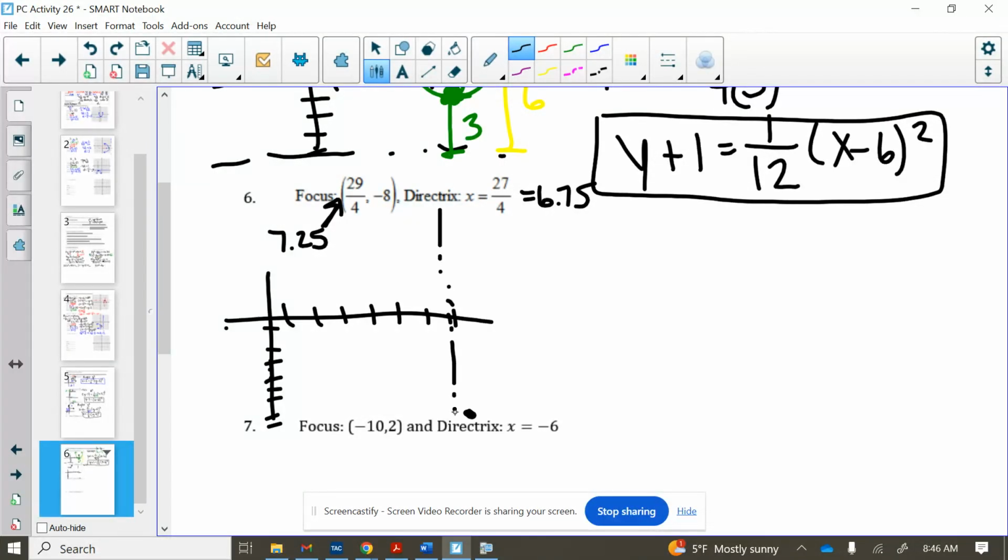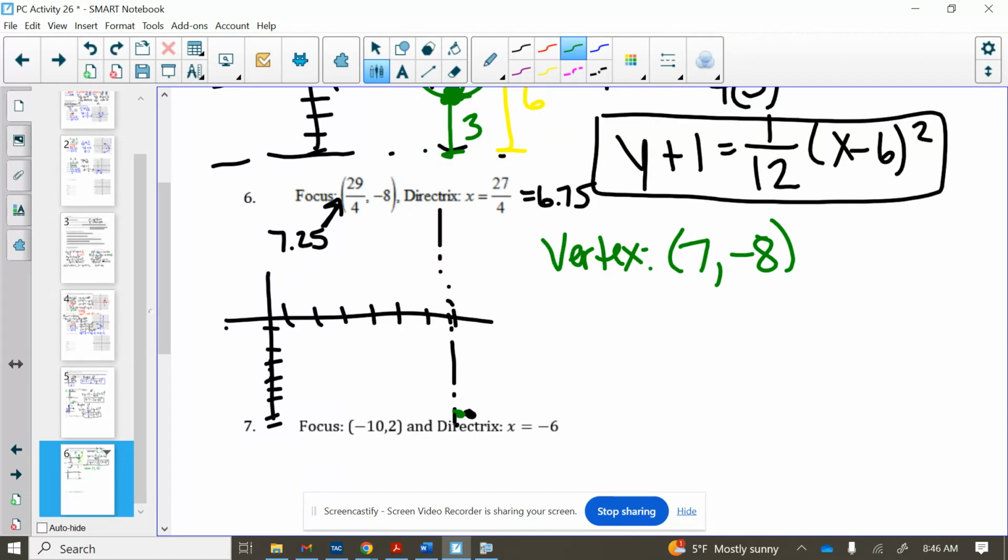So we only have this itty-bitty distance between them for our vertex to fit in between, and that's actually going to come at the x value of 7 exactly. So this time our vertex is going to be at 7, and then still down at -8 for our y value.